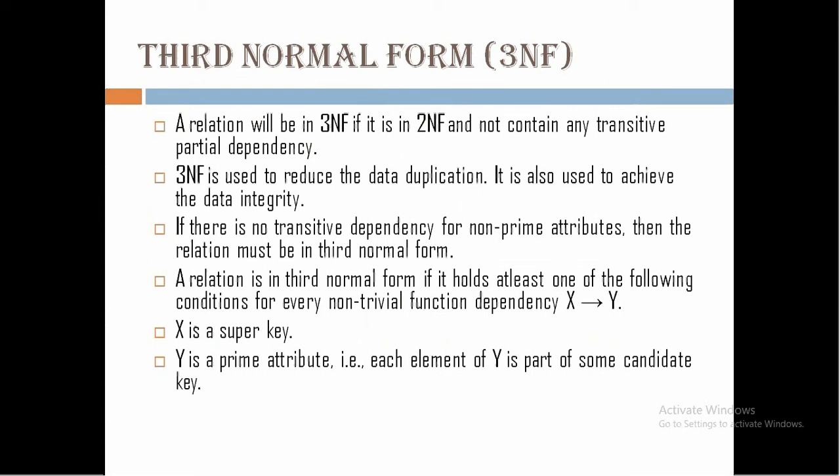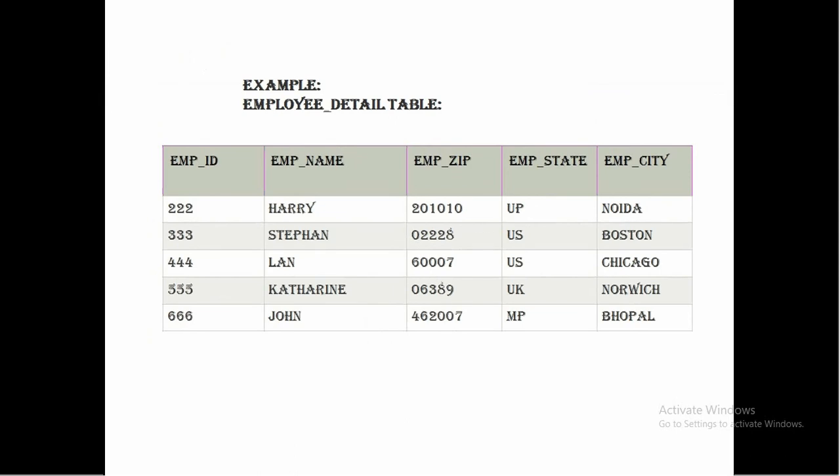It holds at least one of the following conditions: X is the super key, or Y is a prime attribute, that is, each element of Y is part of some candidate key. Here, let's take an example.